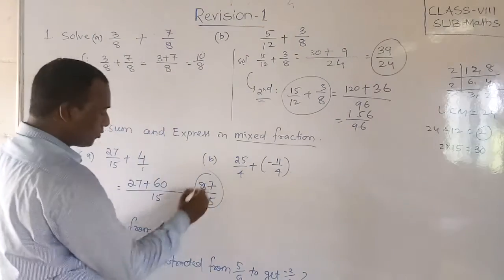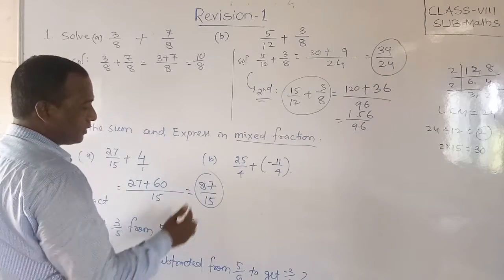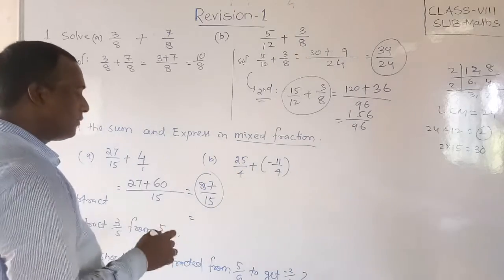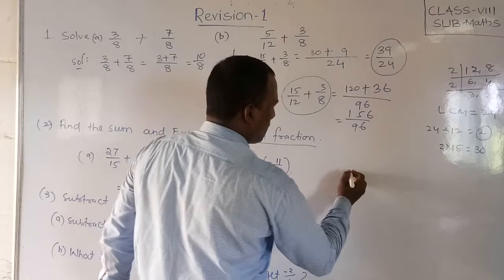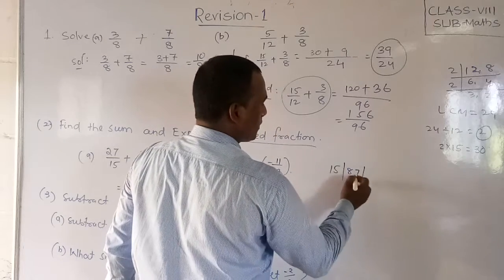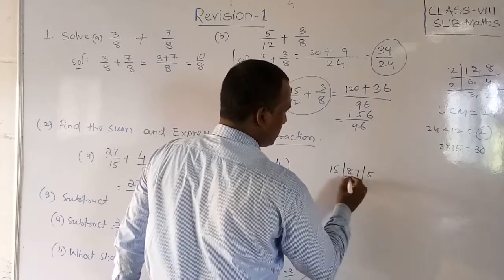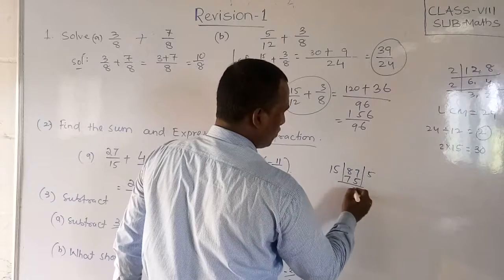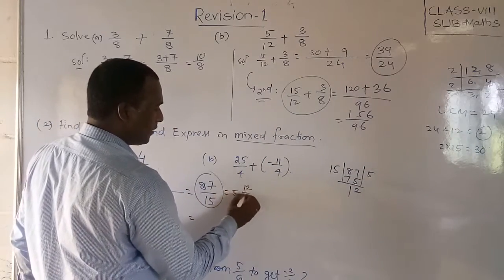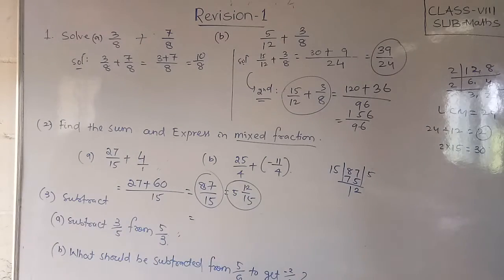Friends, but here you have to make it a mixed fraction. 87 divided by 15: 15 fours are 60, 15 fives are 75, remainder 12. So we can write 5 and 12 by 15. This is our mixed fraction. Okay, friends? So like this we have to do.